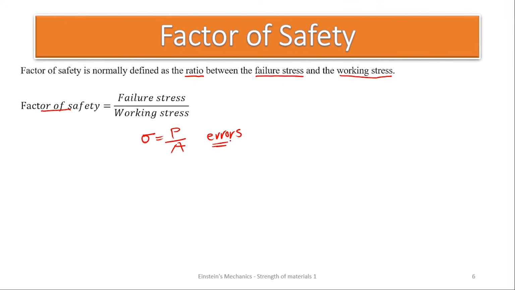So, in spite of all these approximations and assumptions made, a body of theory has been developed which in many cases can be shown to agree with experimental results. So let's consider this bar.